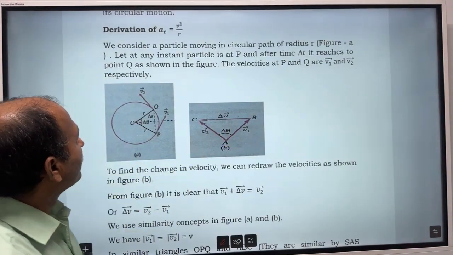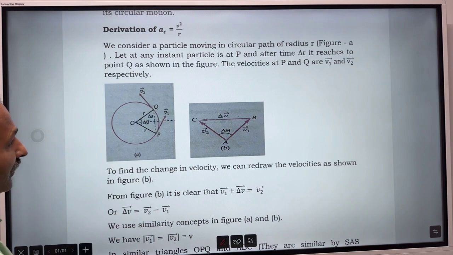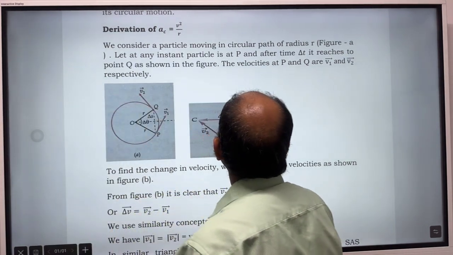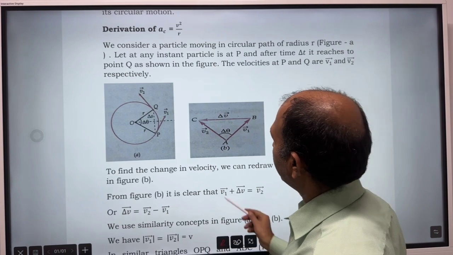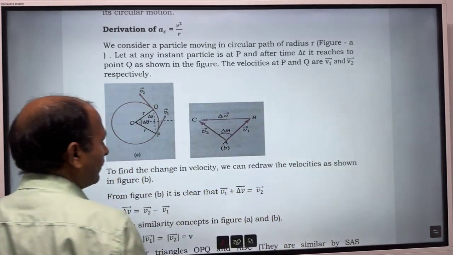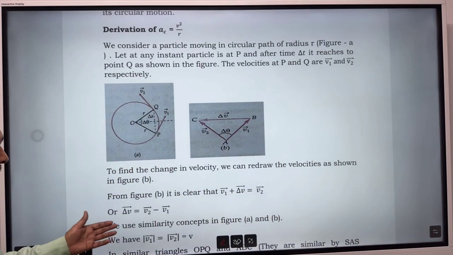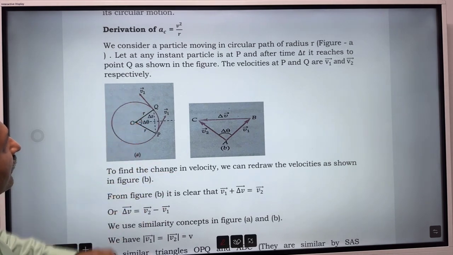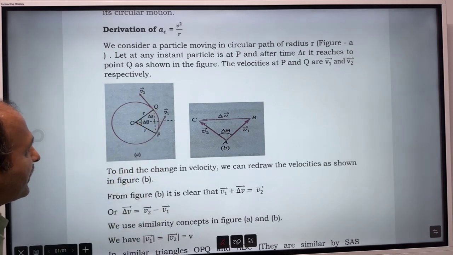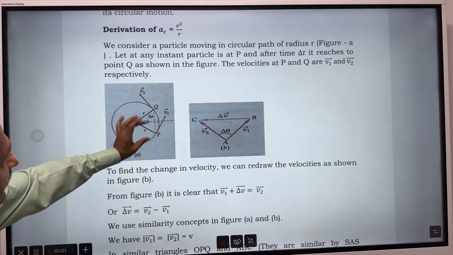Now we take the resultant velocity, so here delta V is the resultant velocity, which will be equal to V2 minus V1.